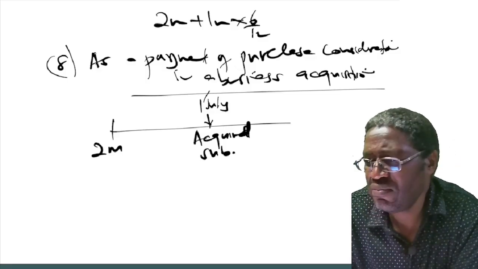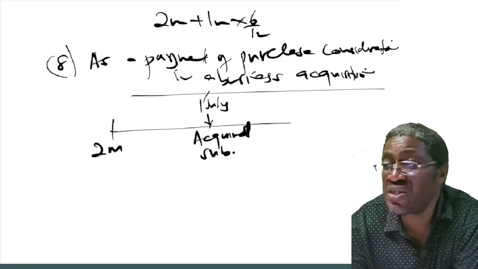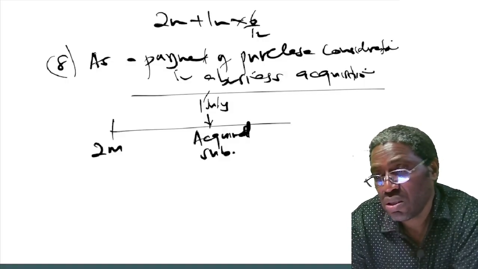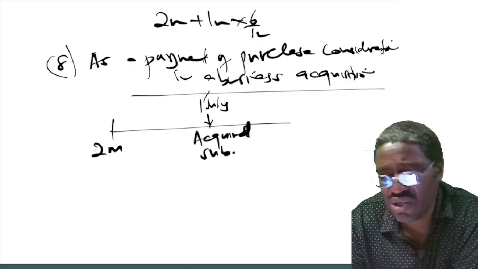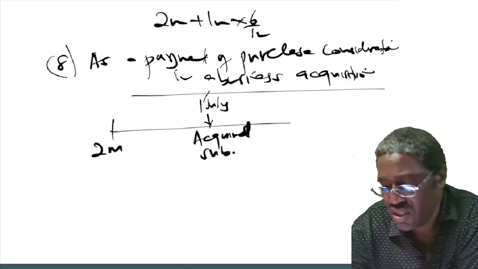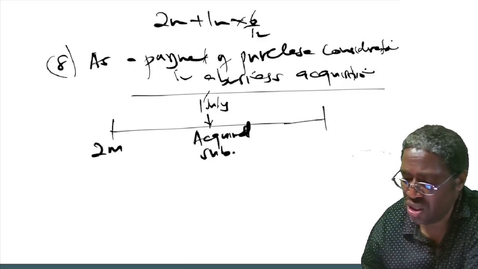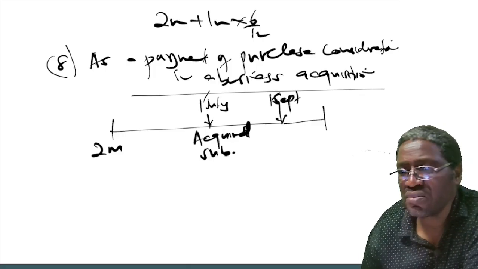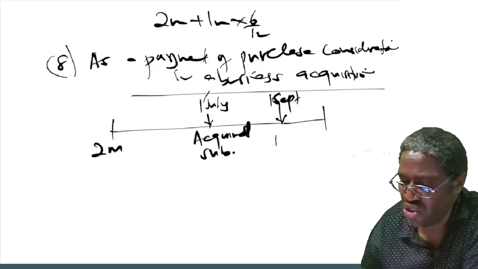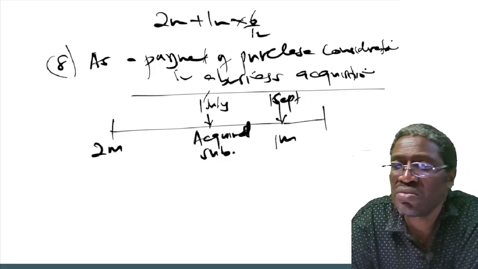We agreed with them that the purchase consideration will be settled by issuing to them ordinary shares instead of paying them cash. As a company, to pay the purchase consideration, we issued those shares on 1st September. That's when we issued the 1 million shares as a payment of the purchase consideration.